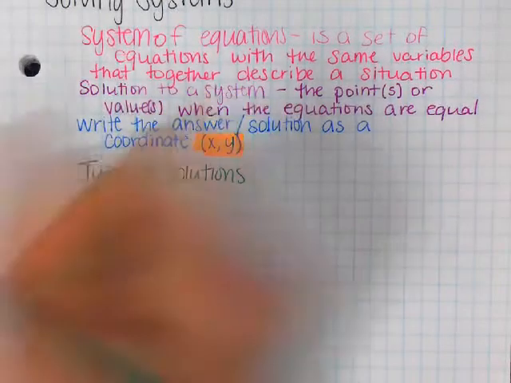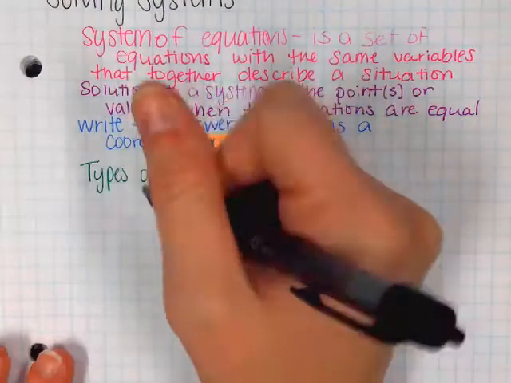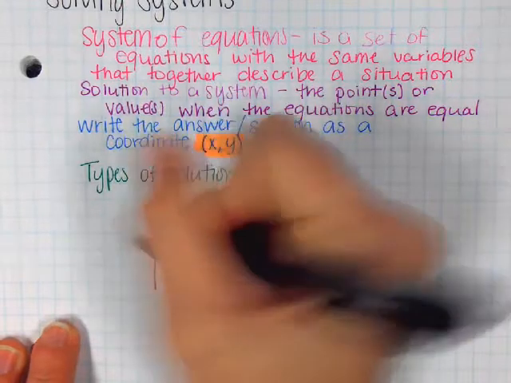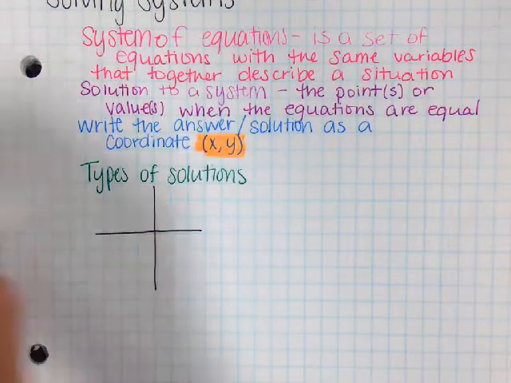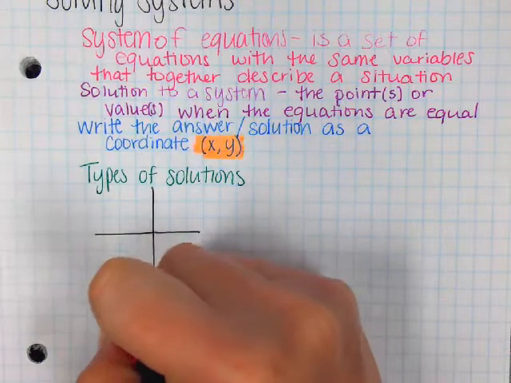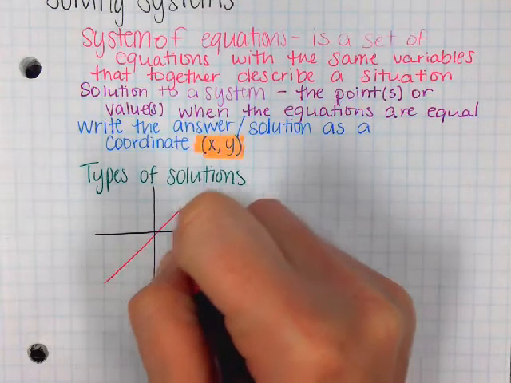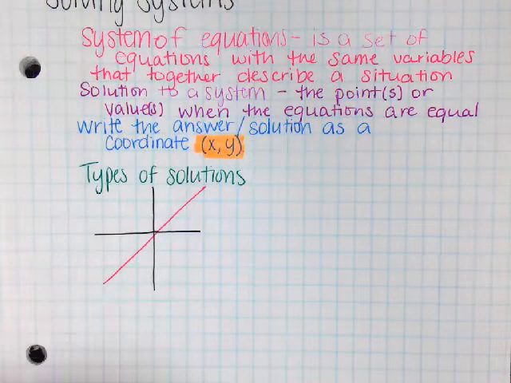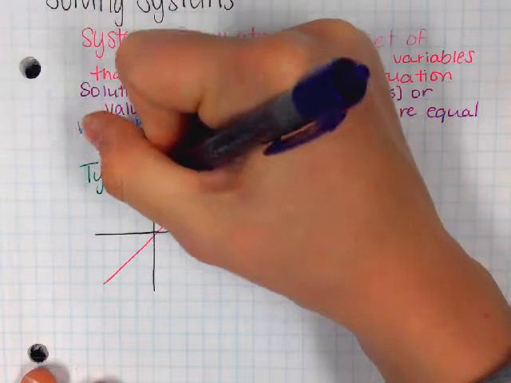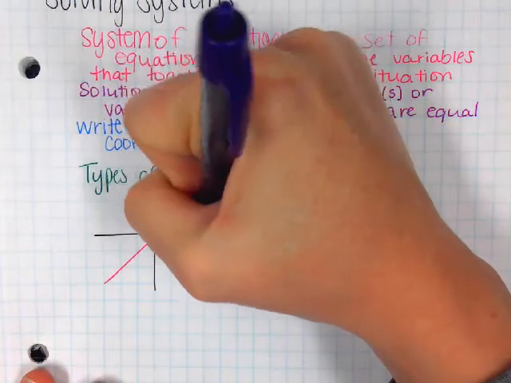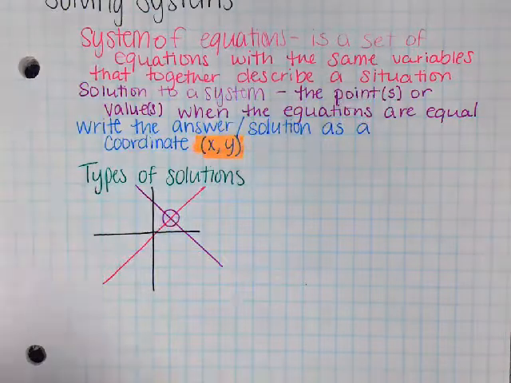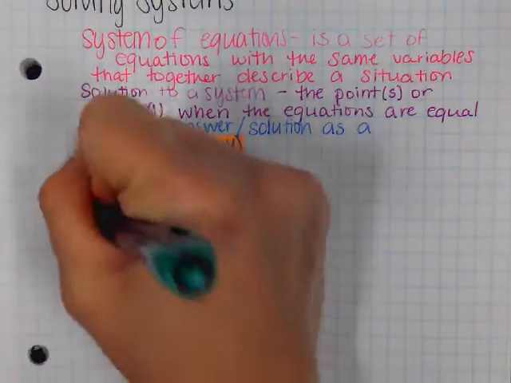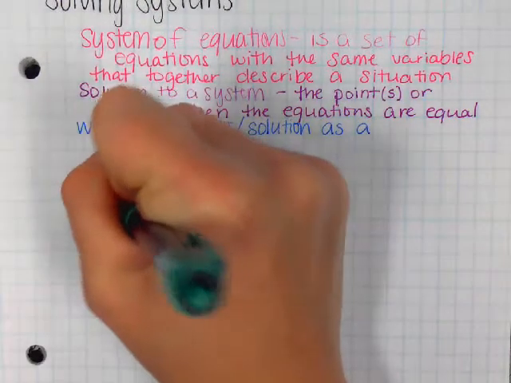So you can have just one set or one solution. So if that was the first equation, and that's the second, this one has one solution.